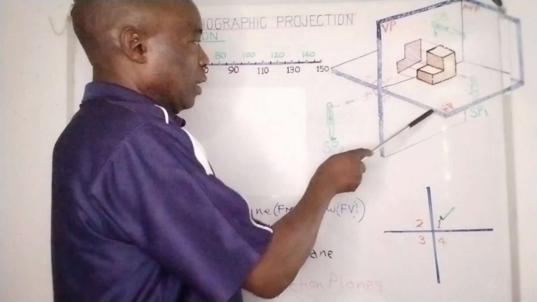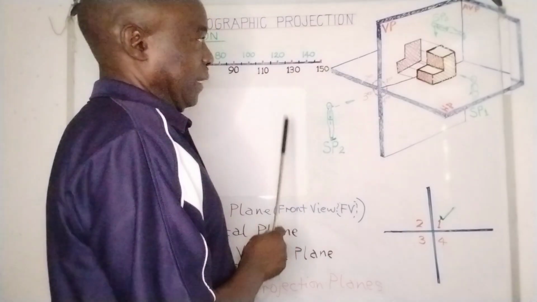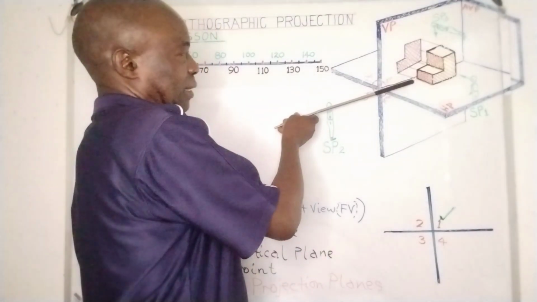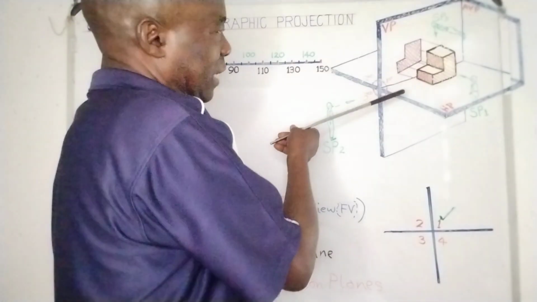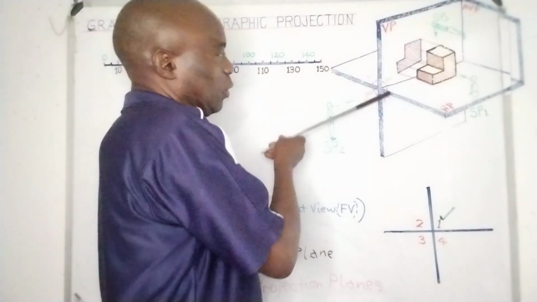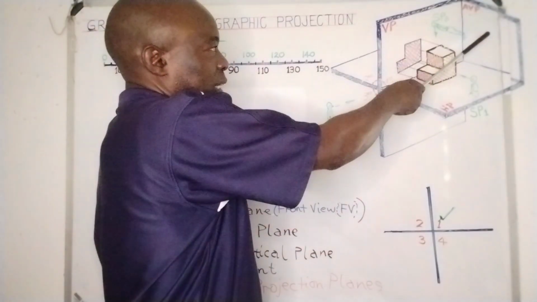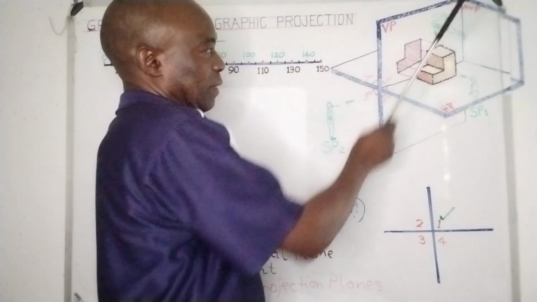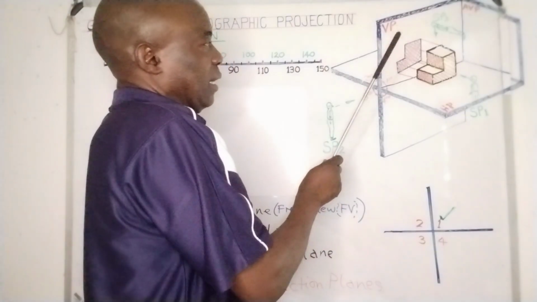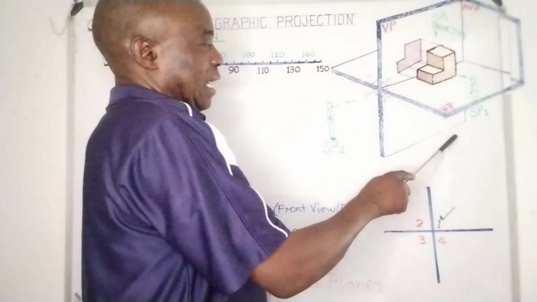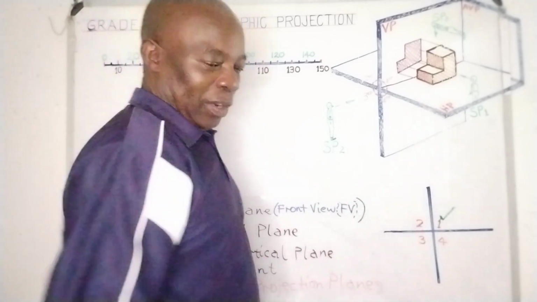Right. So the rays from the observer's eye will be passing through the corners or the edges of the object. Since the object is parallel to the planes, this line should also be parallel.